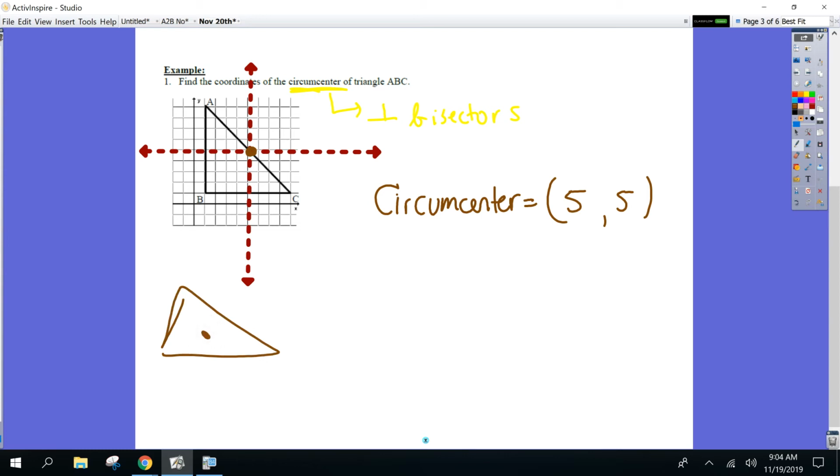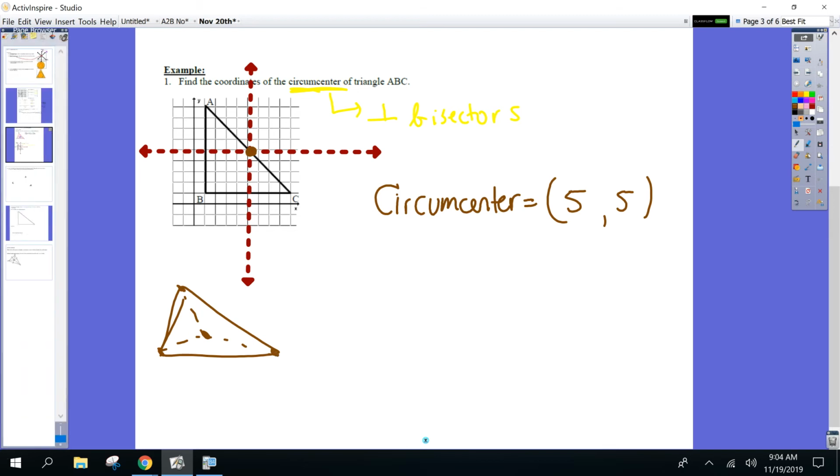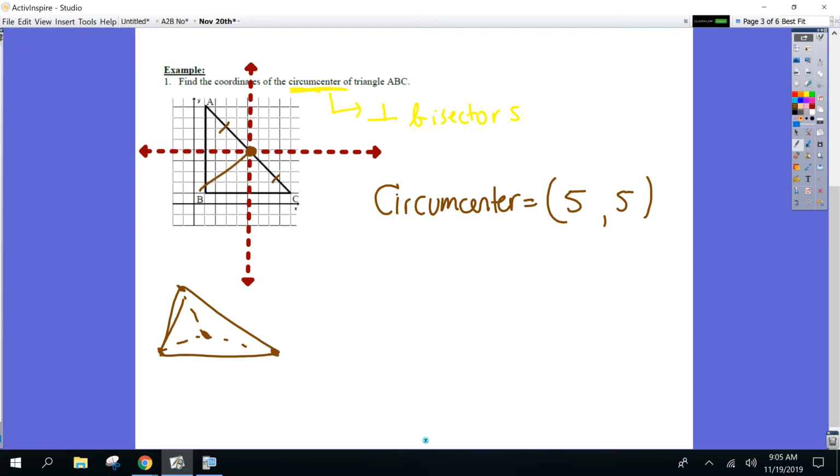It's equidistant from here, here, and here. What are these called? This point is equidistant to A, equidistant to B, and equidistant to C. A, B, and C are called what of the triangle? Vertices. Everyone good? They're equidistant from the vertices.